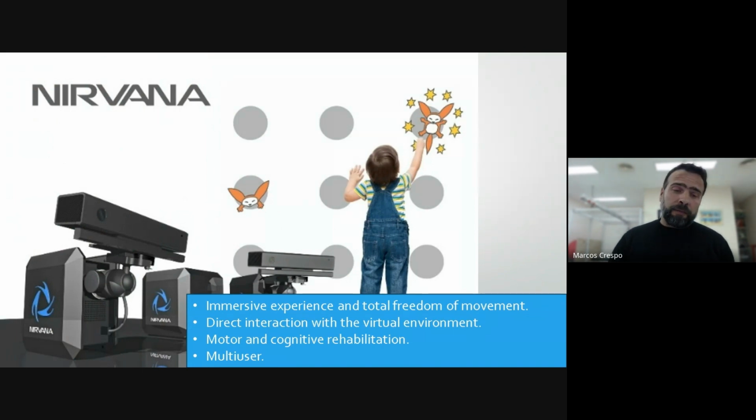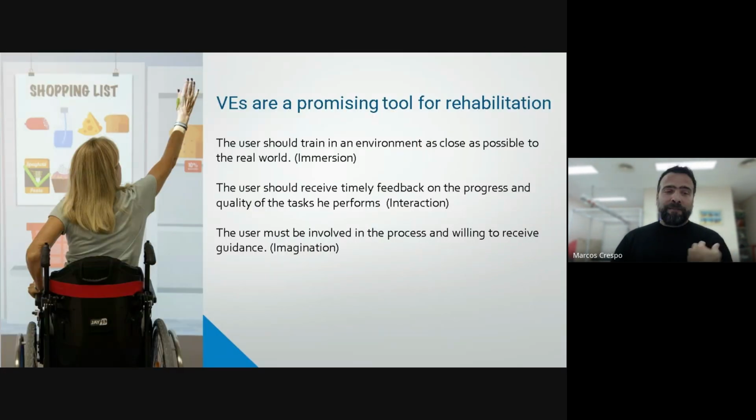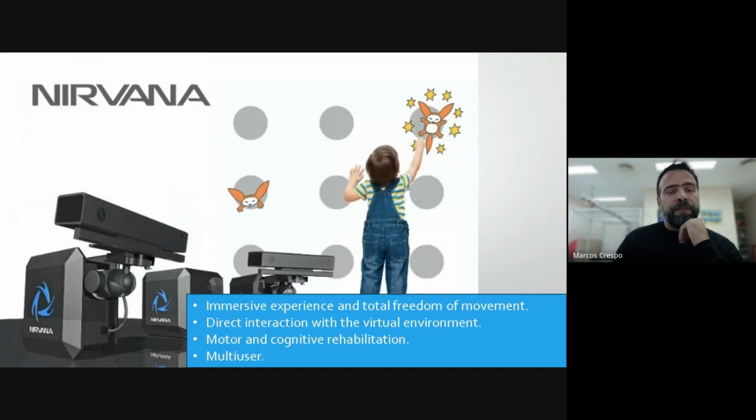So also the responsibility of us as health workers is to provide more evidence about a specific task in a specific system and a specific population of patients. And about Nirvana, one conclusion is that, as I said, it is maybe the most immersive system that we have.